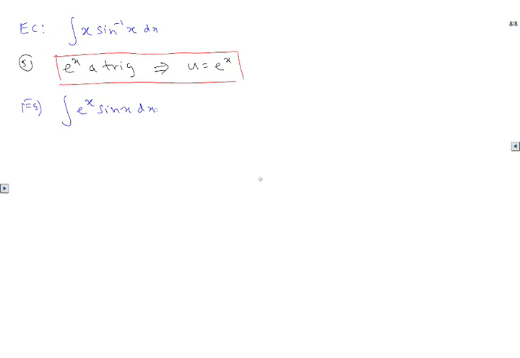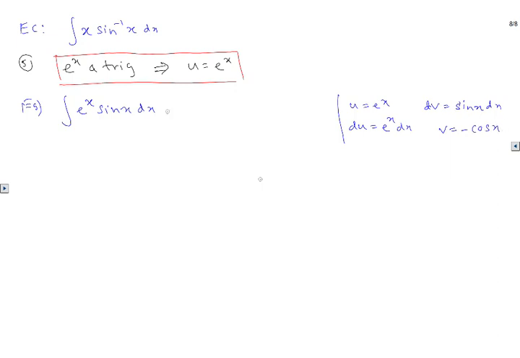So as we normally do, we're going to pick u equal e^x. So dv equal sine x dx, and take the derivative. So du equal e^x dx, and then v equal, this is the integral, so negative cosine x.